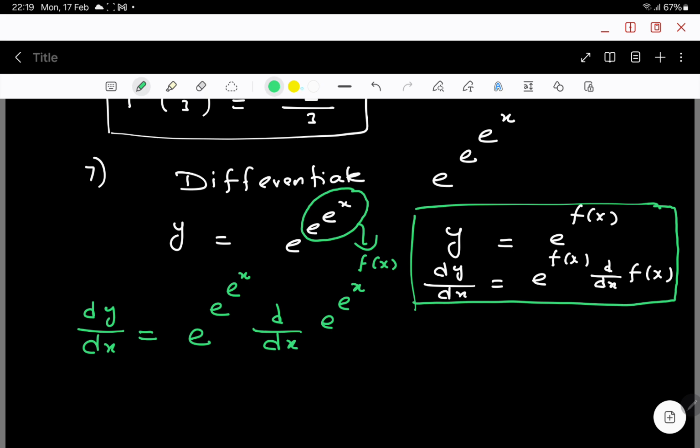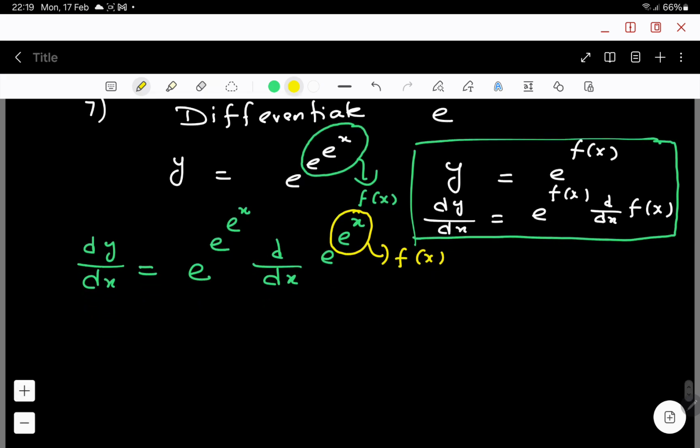Again differentiate, again we apply the exponential rule. In this e power x, what is f of x? This is f of x. So e power e power x as it is. We follow the exponential rule again: e power f of x is e power f of x, I am writing e power f of x into d by dx of f of x.